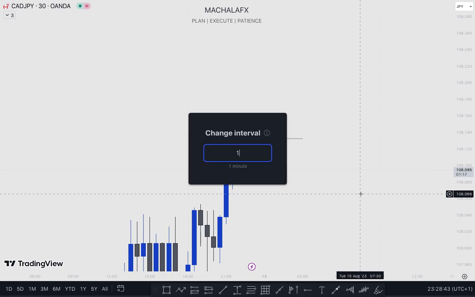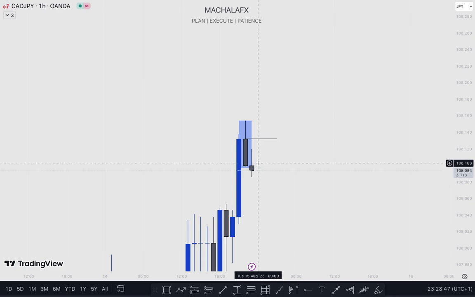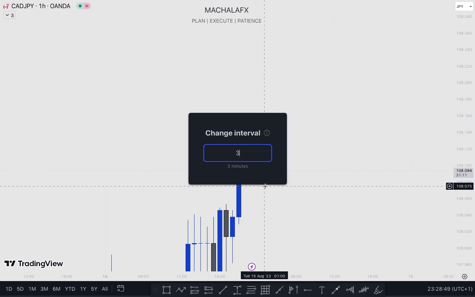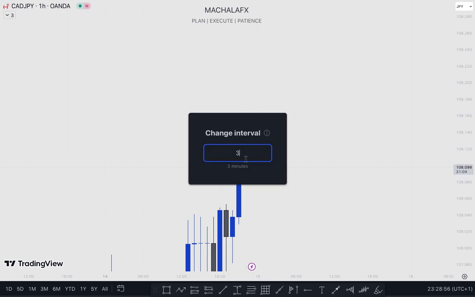Let me go to 1 hour. You can see a 1 hour is one. Inside this 1 hour candlestick, if you go to 30 minutes, it will be 2. So let me go to 30 minutes.